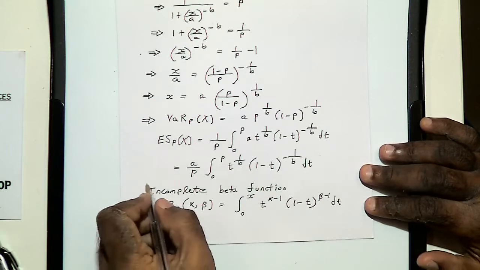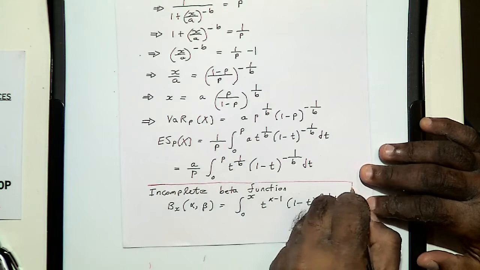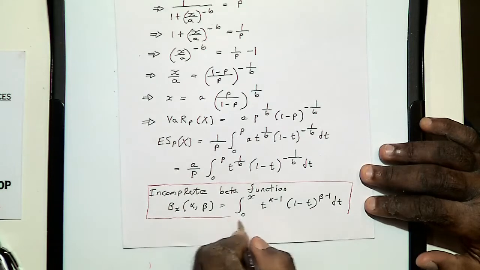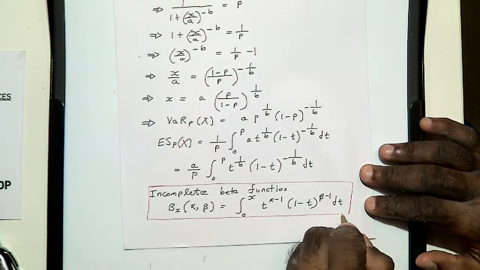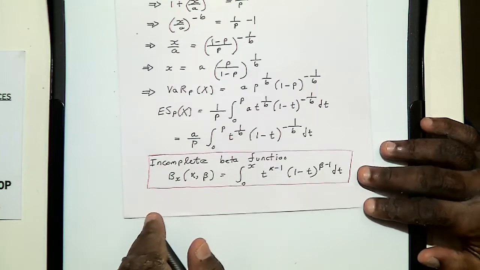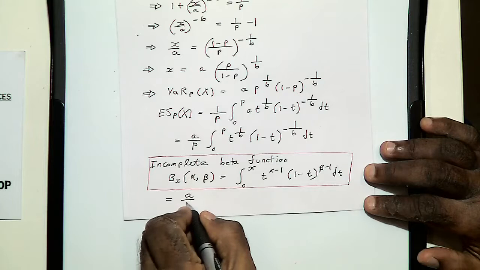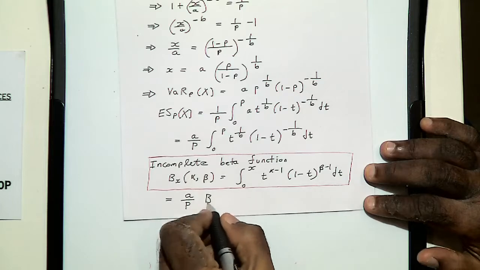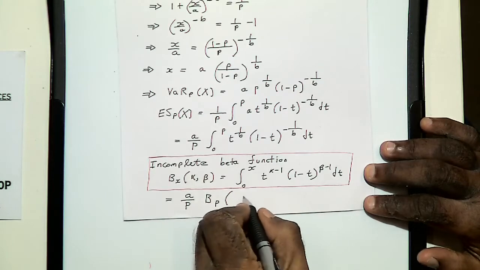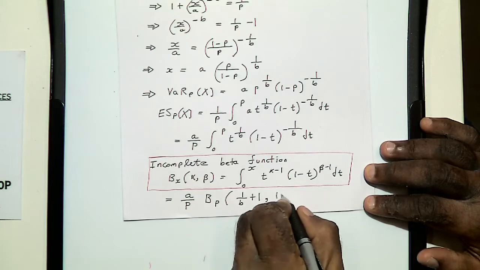Right, so let me put this in a box. So this becomes a over p times the incomplete beta function at p, where alpha is 1 over b plus 1, and your beta is 1 minus 1 over b.